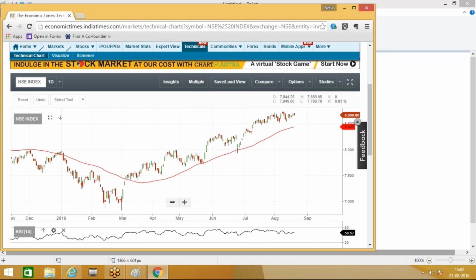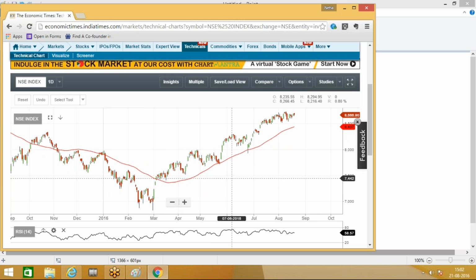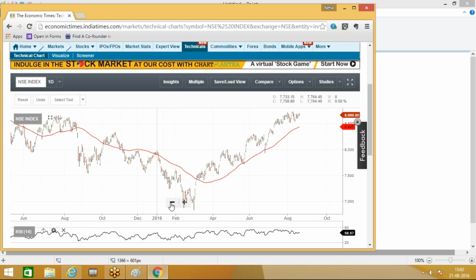Even the 50-day moving average is giving a very good signal right now. If you just follow my cursor, ever since the market reversed the trend, initially it was going down, and then it reversed and started going up in the last 3 months or so. You'll find that it was trading largely below the 50-day moving average, and then once it crossed over here, the trend changed.